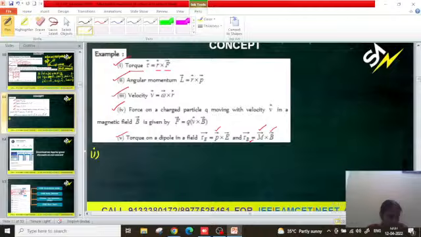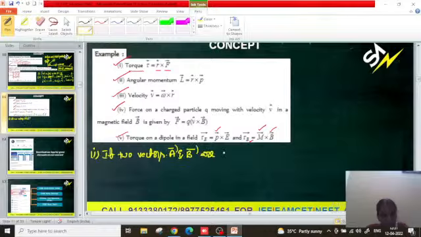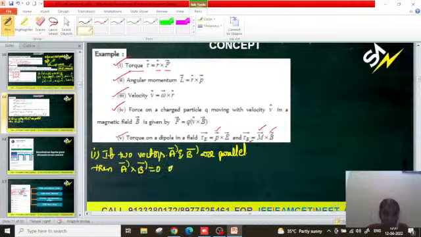For example, if two vectors A bar and B bar are parallel, then A bar cross B bar will be equal to 0, or you can equate the ratio of the components along x, y, z, because the ratio of the components will be equal to a constant.